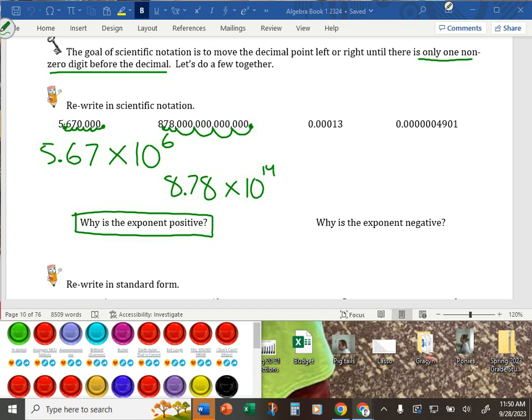When you've got a positive power on your scientific notation, it means the number is big. It also means that you are multiplying by 10. Okay? Your original number is big and you're multiplying by 10.